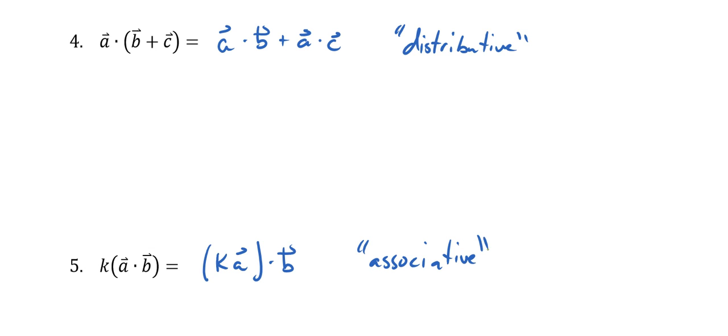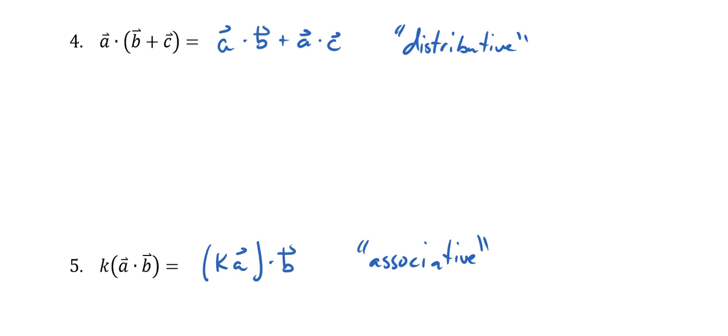Associative, in this case, with a scalar compared to associative in the other way where the direction of the dot or the order of the dot doesn't matter as well. Okay, so it's associative, fine.